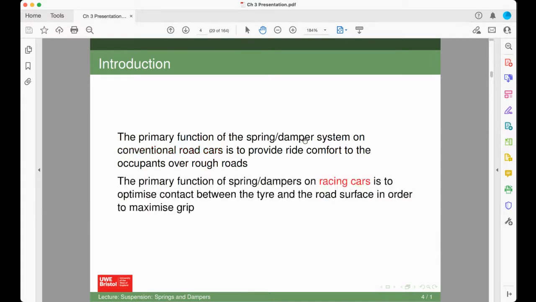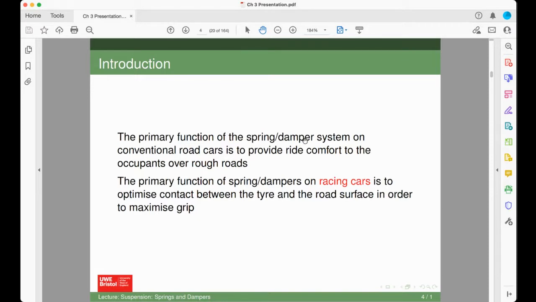Whereas with a race car, the primary function is optimizing the contact between the tire and the road to maximize grip. Obviously, in racing it's about lap times, and to go around corners faster you need to maximize grip, and that's why racing cars have a slightly different primary function.